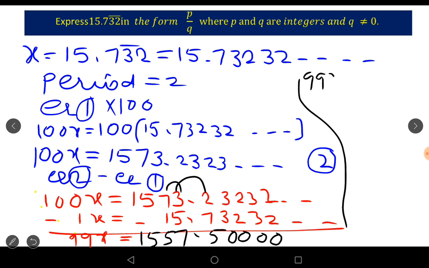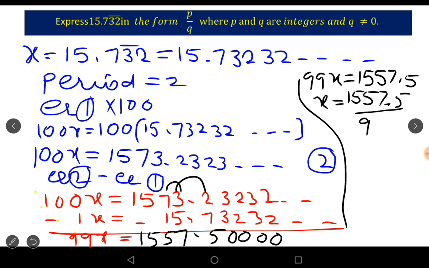So therefore write here 99x is equal to 1557.5. Okay, here observe the RHS decimal number. So decimal place only one digit, so multiply. Next one, x is equal to 1557.5 by 99.